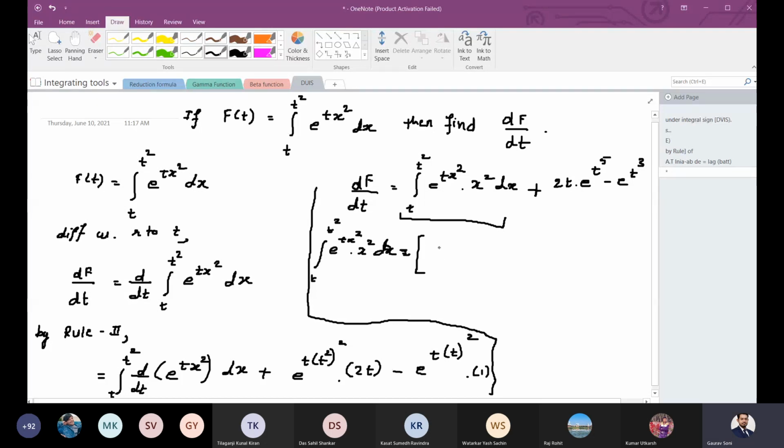The generalized UV rule says that... What is the integration of e to the power tx square with respect to x? So that will be e to the power, oh, I'm so sorry, tx square it is. It will be very much difficult. But no problem actually.